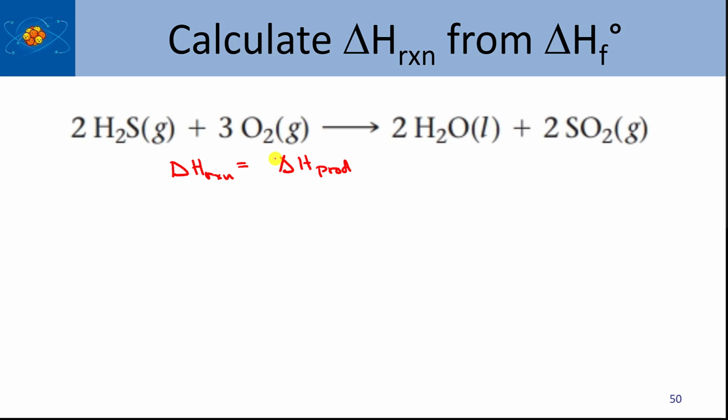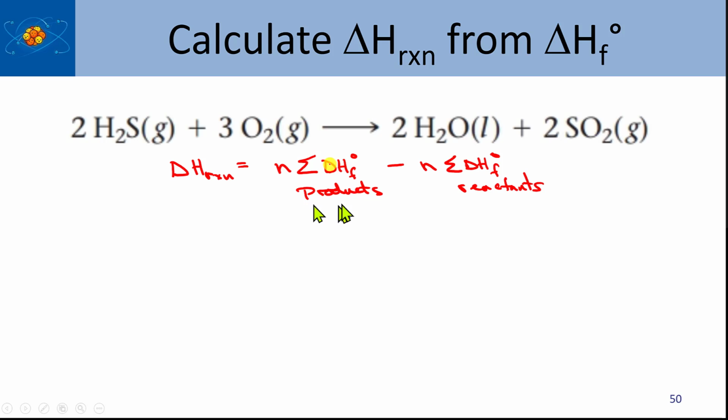This is the way they usually write it: n summation delta H of formation for the products minus n summation delta H of formation for the reactants. I'll explain what those different symbols mean and how you use them with this equation. But basically, it's final state energy minus initial state energy.